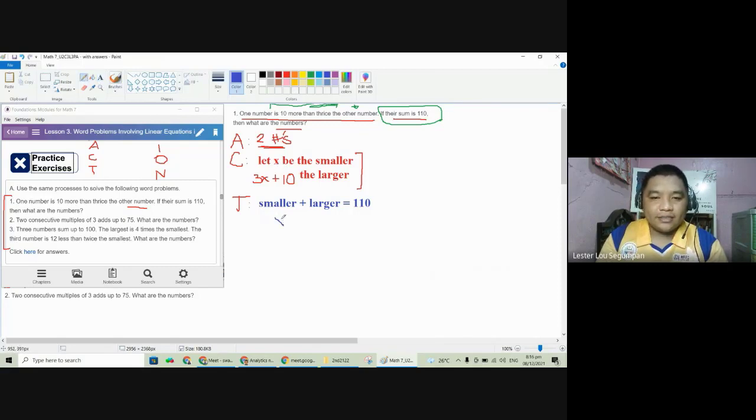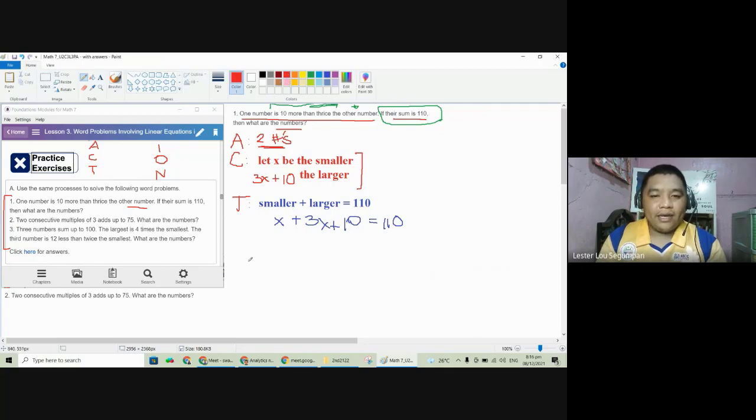The smaller number is x, and the larger number is 3x plus 10. Their sum must be 110. This is now the correct translation for this given situation. Again, for the sum of the two numbers, we coined smaller and larger with these notations. So just simply use them and equate them to 110, and this is now your equation.